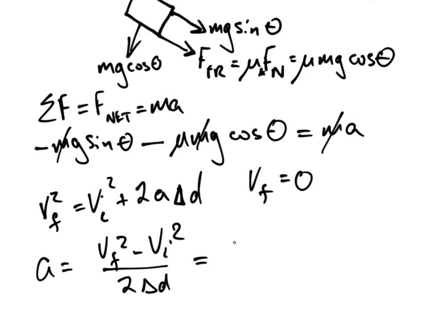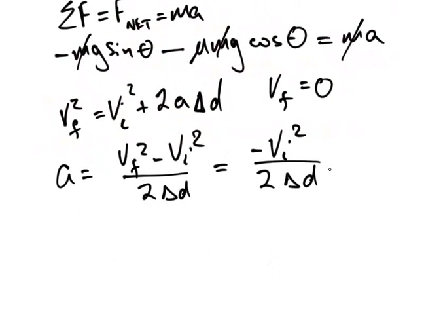The vi, that's given. We know what vi is. And a, well, we just found that. So let's actually solve for a here. We'll say a is equal to vf squared minus vi squared all over 2 delta d. But of course, since vf is 0, this boils down to this.